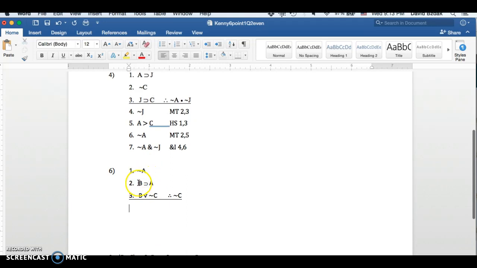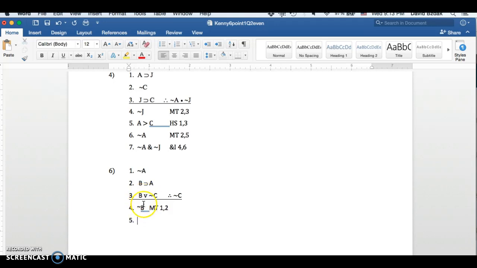So you can see a modus tollens with premises 1 and 2. Premise 2 is a conditional, and premise 1 is the negation of the consequent. So modus tollens says we can get the negation of the antecedent. So MT 1, 2.